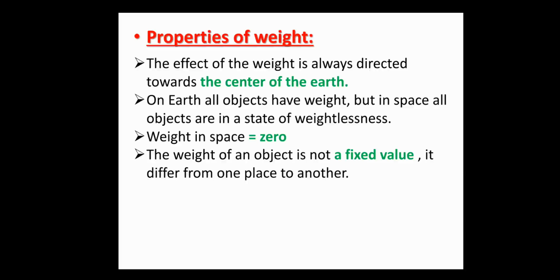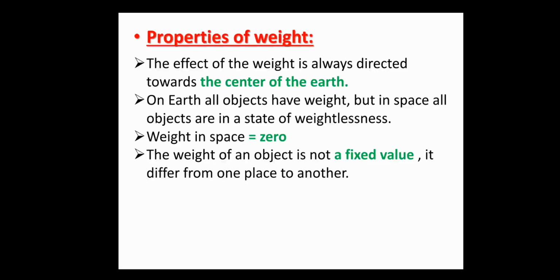And the weight of an object is not a fixed value, unlike the mass, which is a fixed value. It doesn't change by changing the place, but the weight differs from one place to another. Let's recap from the beginning.